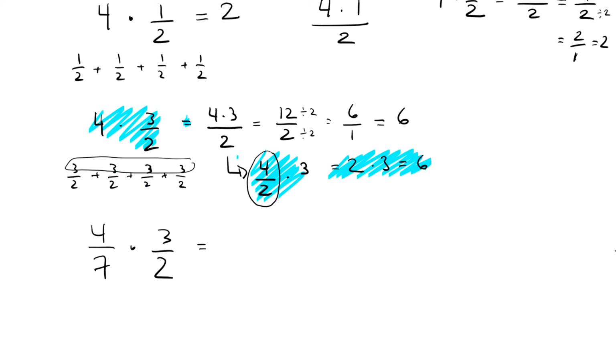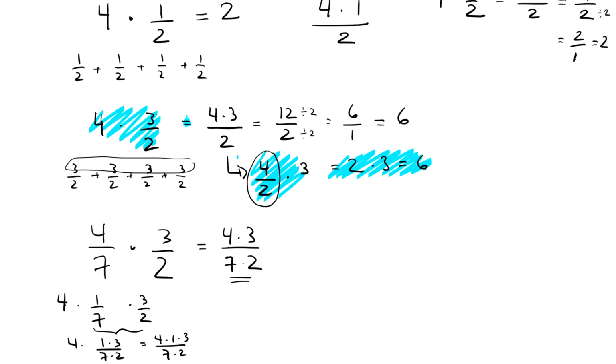Now remember, these two I can, using a previous rule, say this is 1 times 3 divided by 7 times 2. And if I do times 4, well, that's going to be 4 times 1 times 3 over 7 times 2. So you see, I do get this thing here. Okay, so when I have fractions multiplied together, I can just multiply the numerator and multiply the denominator.